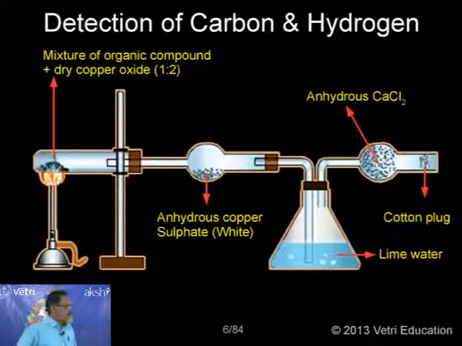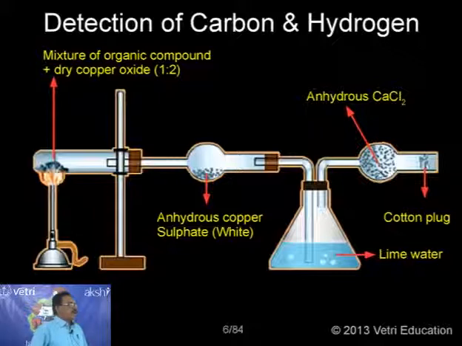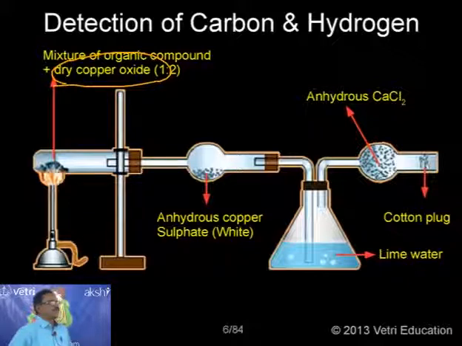The apparatus used for detection of carbon and hydrogen: when an organic compound is heated with dry copper oxide, normally 2 to 3 times excess of dry copper oxide, what will happen? If carbon is present, it will be converted into carbon dioxide. If hydrogen is present, it will be converted into water. This is the basic principle.